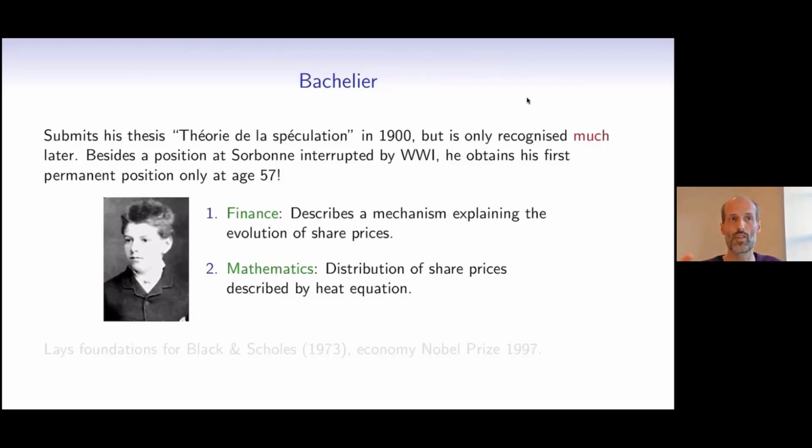He came up with an explanation which was pretty much the same as the explanation of Brown's experiment. What influences stock prices? It's people buying and selling shares. If somebody buys a share, that drives the price slightly up.